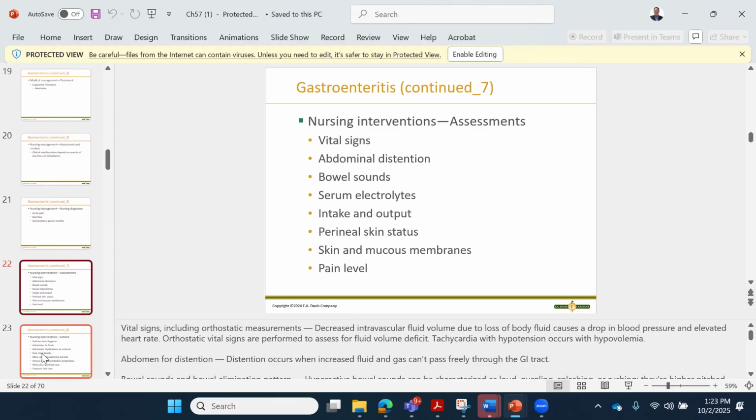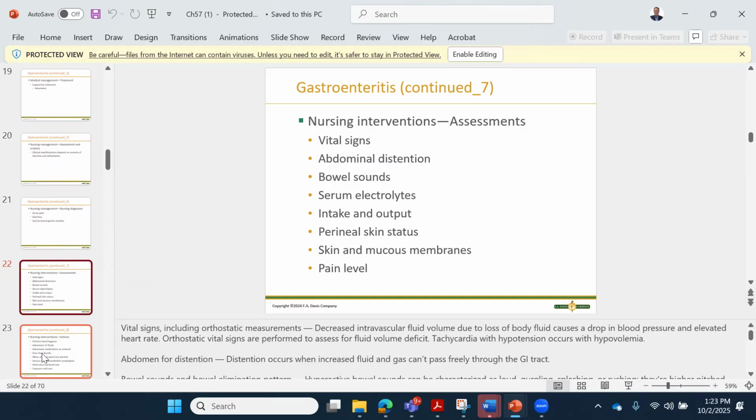So these are some of the vital signs that you may encounter, or some of the assessment findings, including vital signs, and it mentions some of the other findings you may see. A lot of older people may have perineal skin irritation from the diarrhea, especially if they're incontinent.